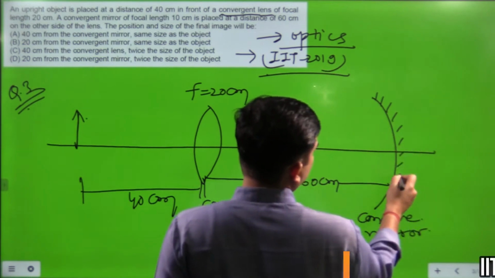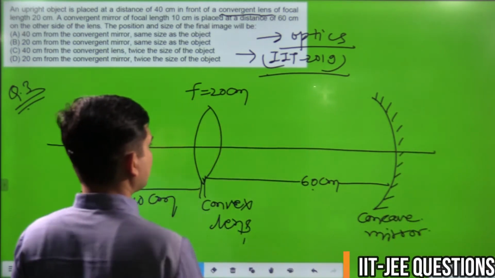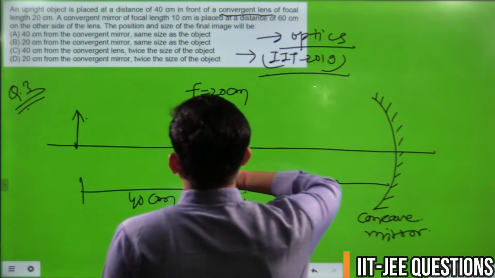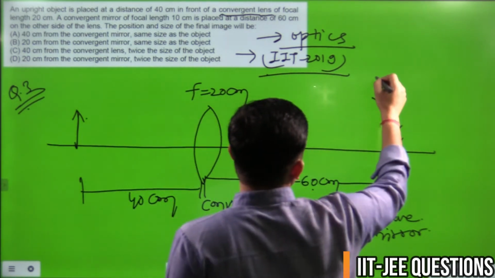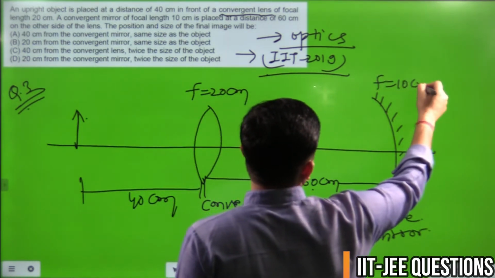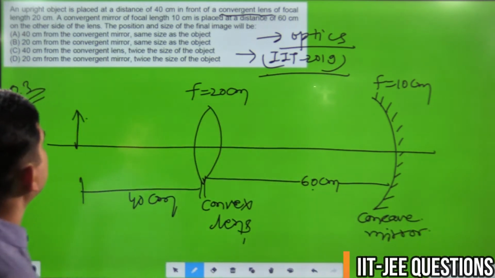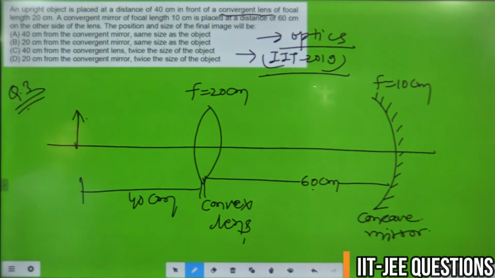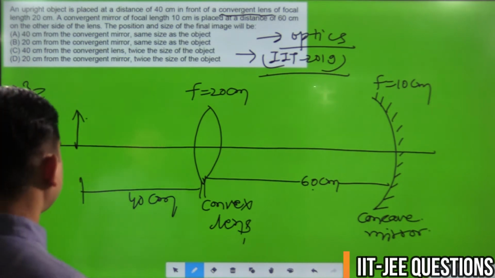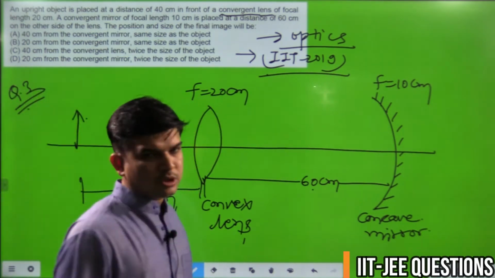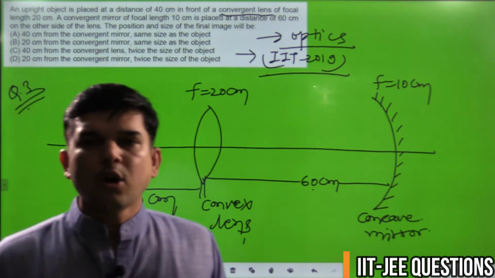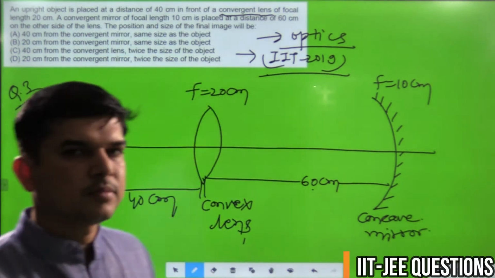The concave mirror is placed here 60 centimeter from the lens and the focal length of this mirror is 10 centimeter. The position and size of the final image will be, you have to calculate the position and size of final image.